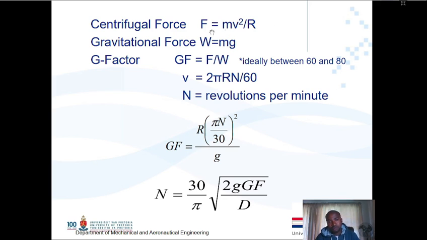That force, which will be centrifugal force in this case, is equal to mv squared over r, and in mv squared over r, this will be your mass, and then this will be your velocity. And note that this is a linear velocity, we will discuss this, and then this will be your r. So your r will be the radius to a point where you are actually focusing your direction at.